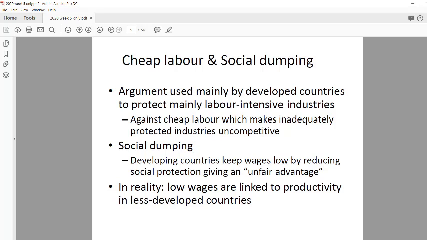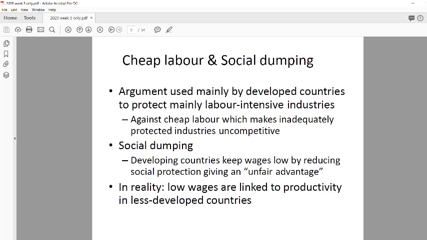But the reality of this matter is that the low wages that developing countries are paying are a reflection of their productivity. The low wages are saying there is low productivity for these laborers. One laborer in a developing country is not producing as much as one coming from a developed country.